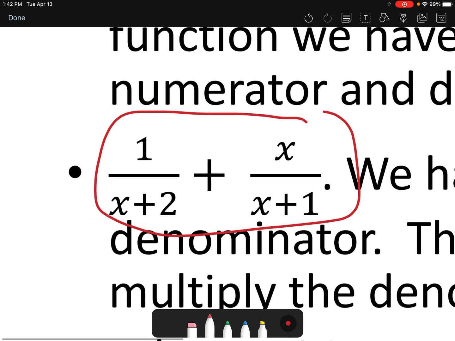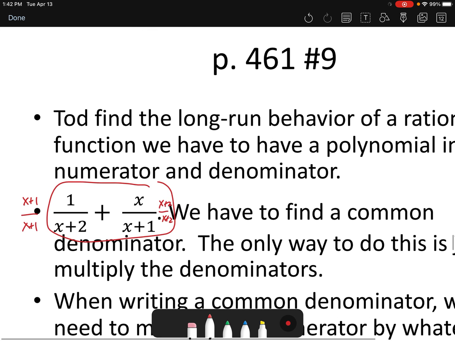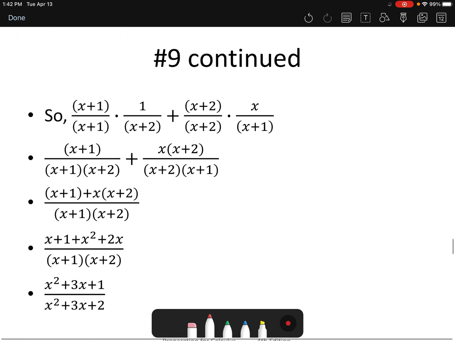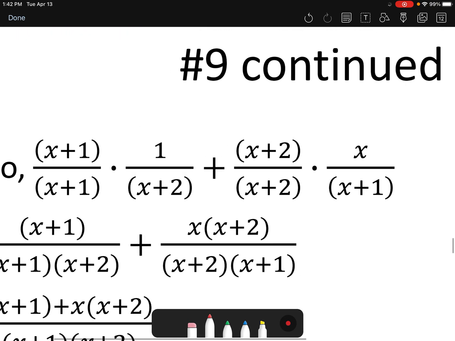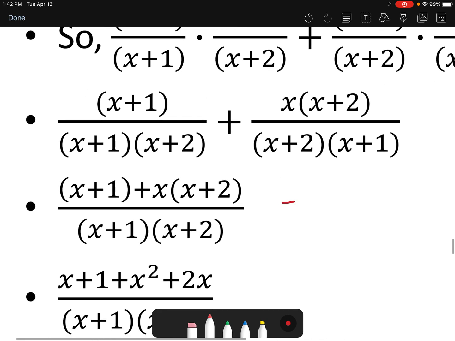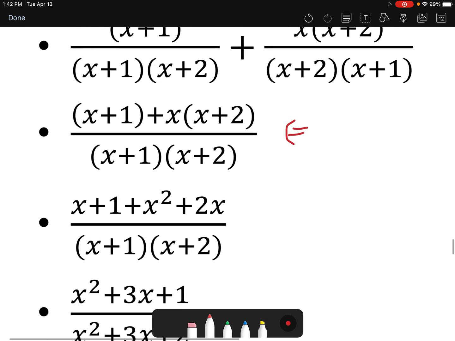So we have to multiply by (x + 1)/(x + 1) on this side and (x + 2)/(x + 2) on this side, because we got to get a common denominator of (x + 1) times (x + 2), which I showed right here. So by doing this, we'd have x + 1 on the left side and x times (x + 2) on the right side, and then we could write it as one fraction. That's this step right here.